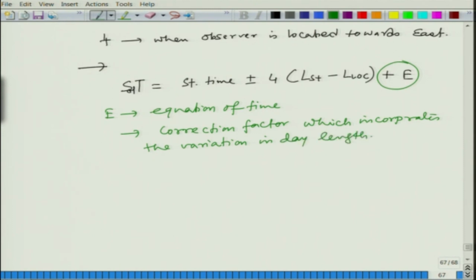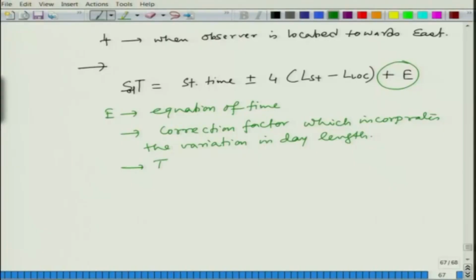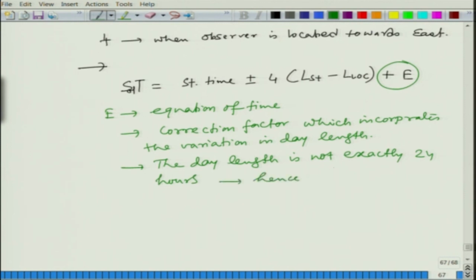Okay. Because the time it takes for the earth to rotate around its axis is not exactly 24 hours. So, the day length is not exactly 24 hours, hence the correction is required.